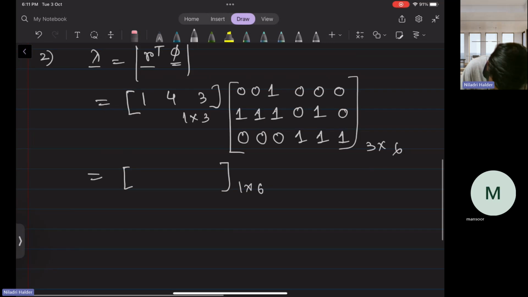So 1 4 3, that will be 4 in the first position, then in the second position also 4.